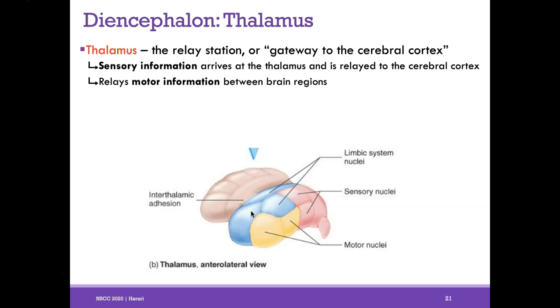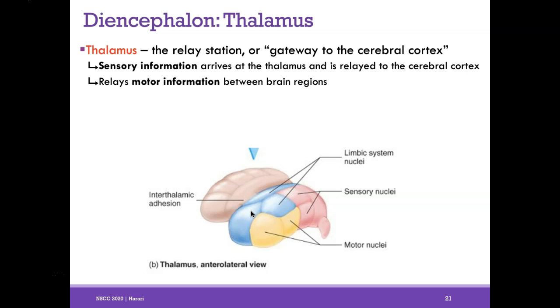With the exception of smell, because our olfactory nerve is directly linked to the brain, all of our other senses are linked to the thalamus first. So the thalamus is first up for the information, and then it will relay that information to where it needs to go in the cerebral cortex.